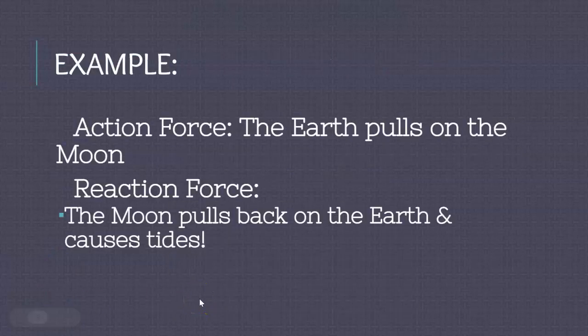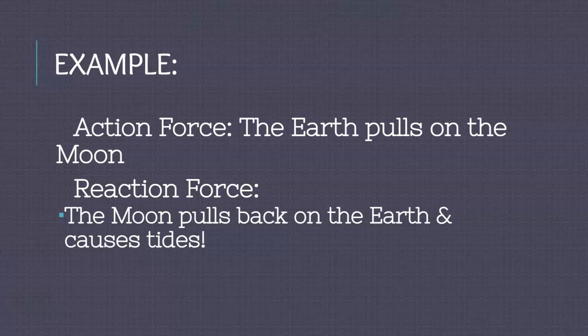An example of this would be the action force of the Earth pulling on the moon. If you remember back to Earth science, your freshman year, the Earth, of course, has a gravitational pull, right? That's what keeps you grounded. It's the reason we don't all float into space. But Earth also has a gravitational pull on the moon as well.